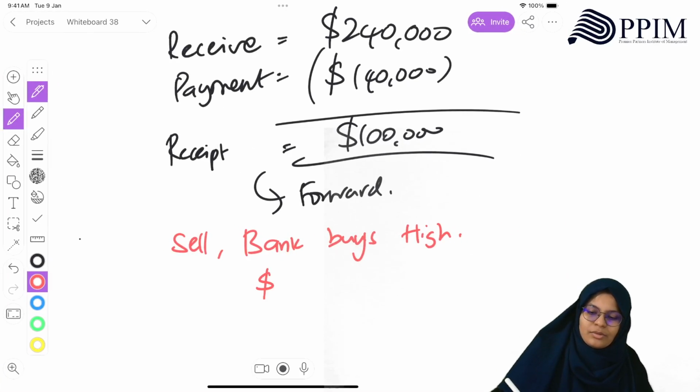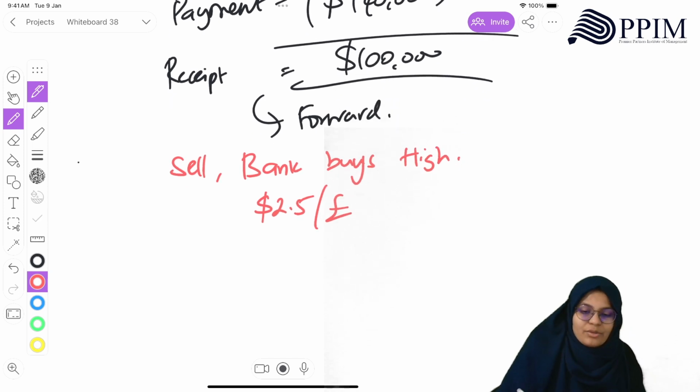So 2.5 to the pound. How many pounds will we get?